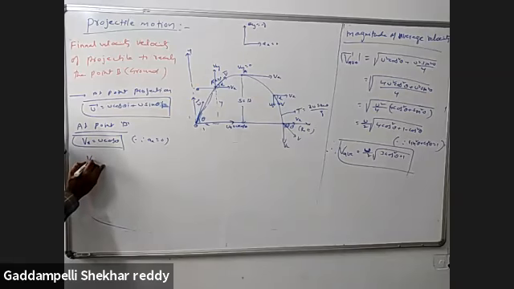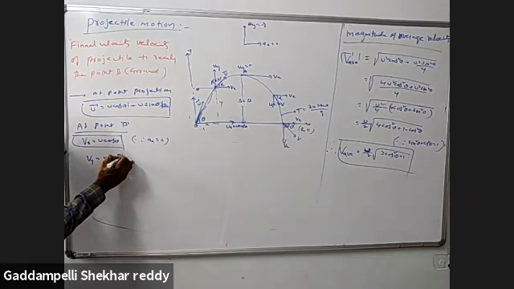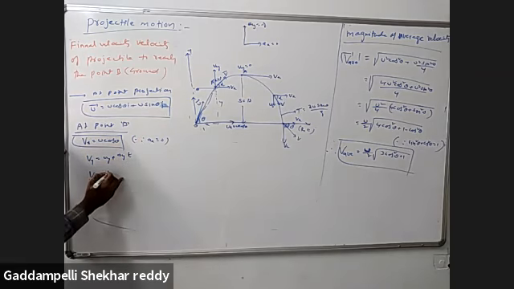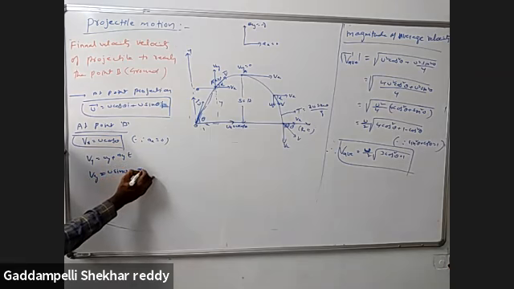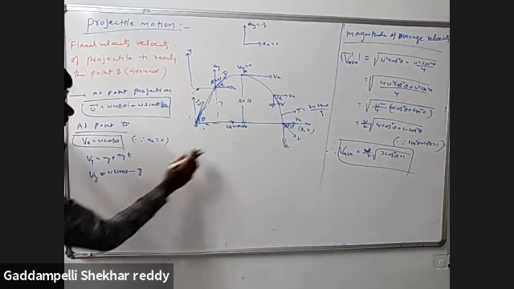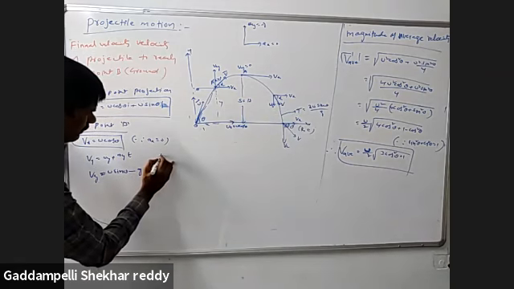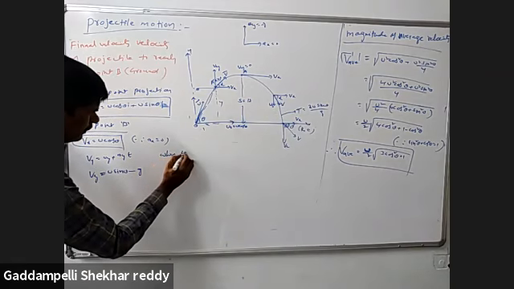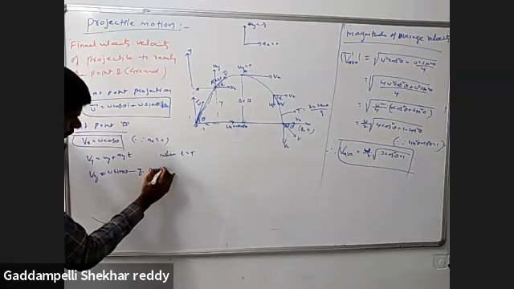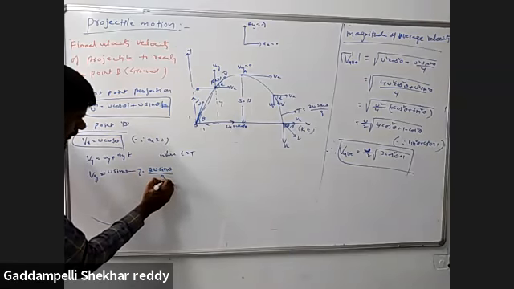Vy is equal, from the equation, to Uy plus Ay T. Uy means starting velocity u sin theta, Ay means minus g, and T is the complete time, 2u sin theta by g.